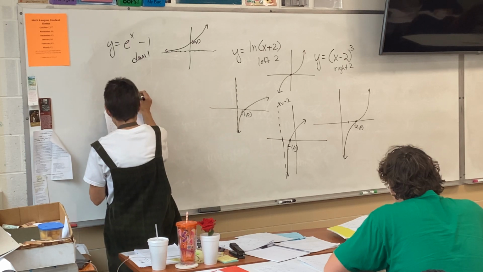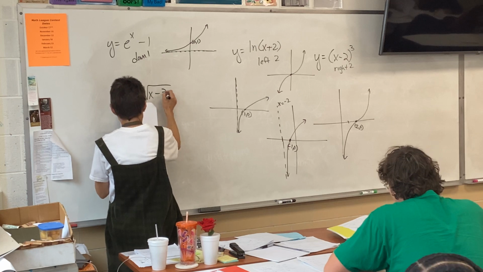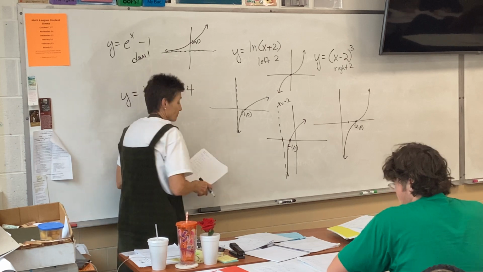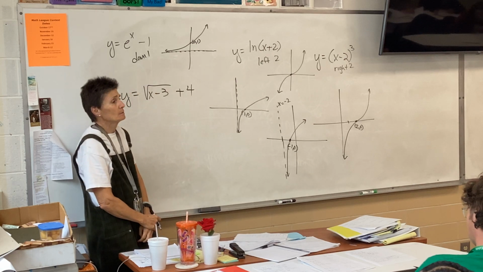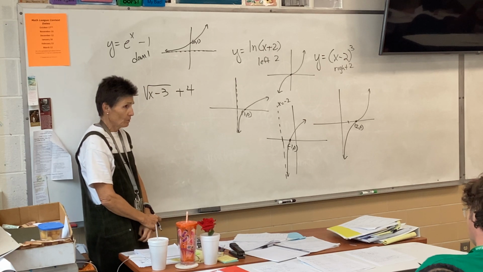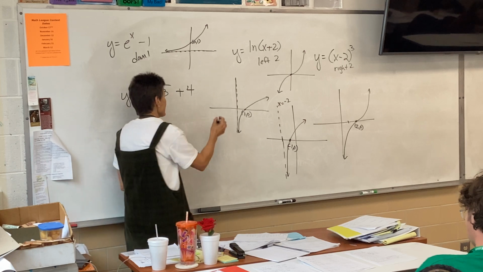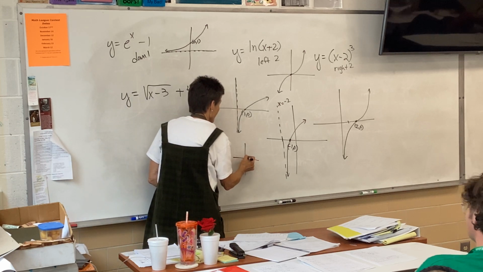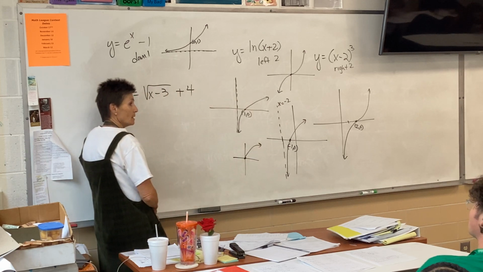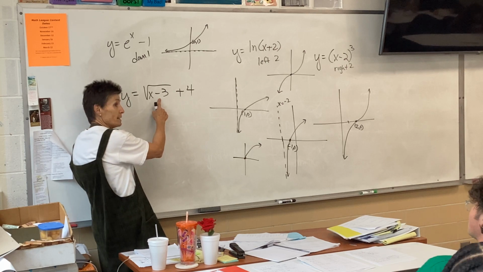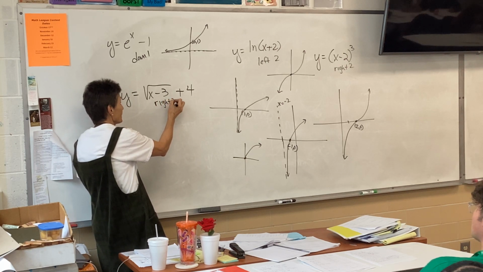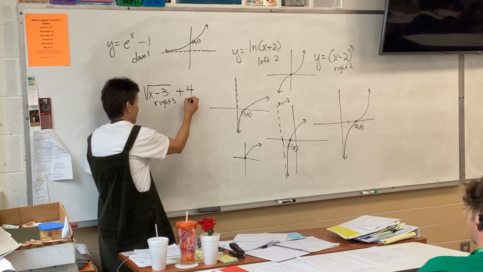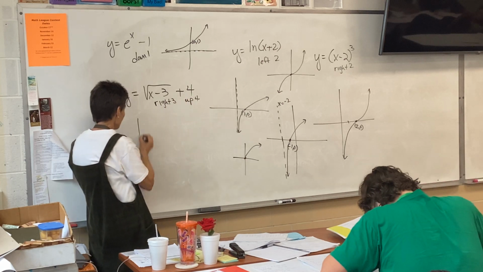And then the last one. What BFF is this? Square root. So you know what that means. That means it's going to start at the origin and go up and out. But what happened to this one? It went right 3 and up 4.